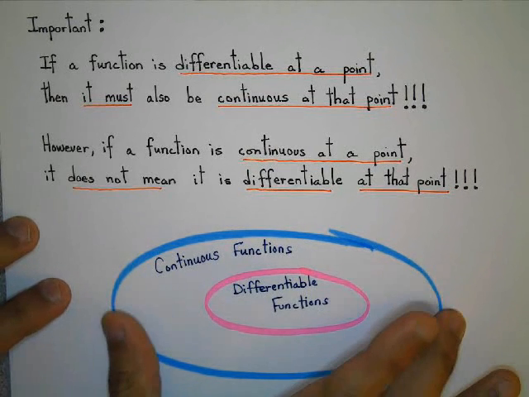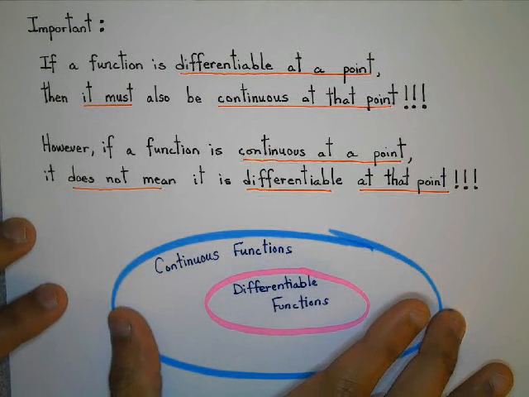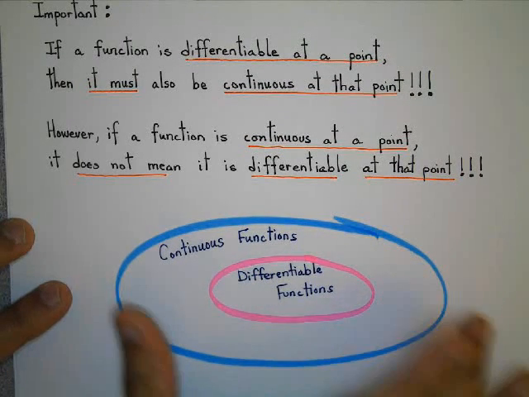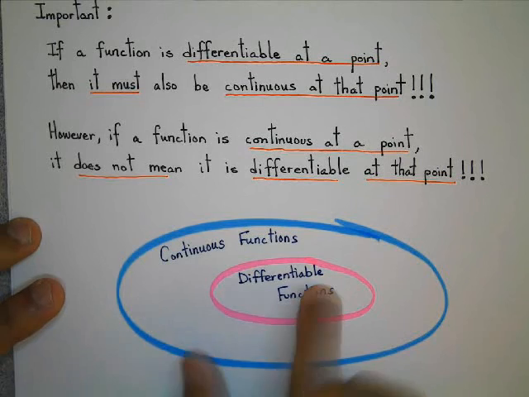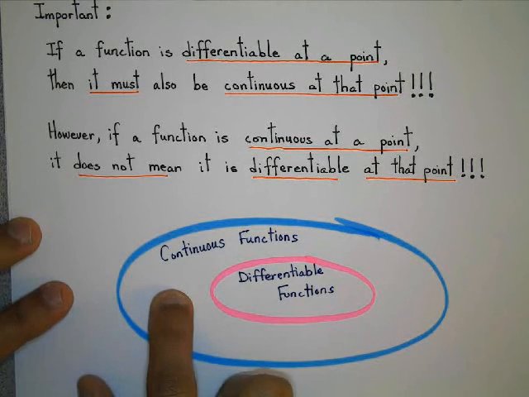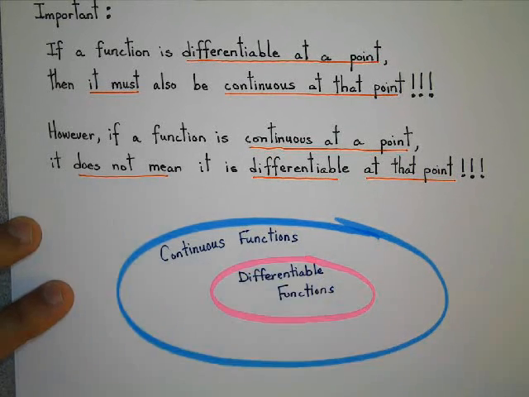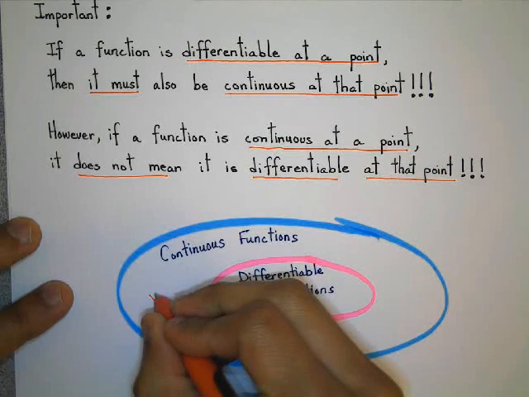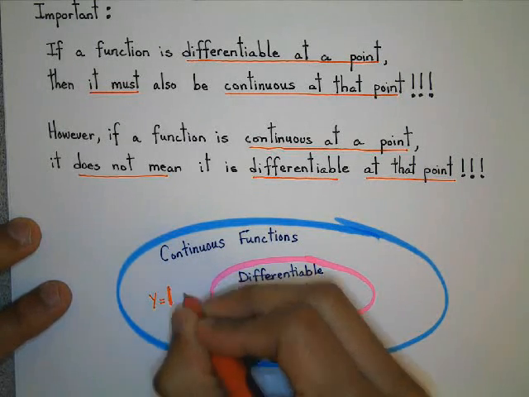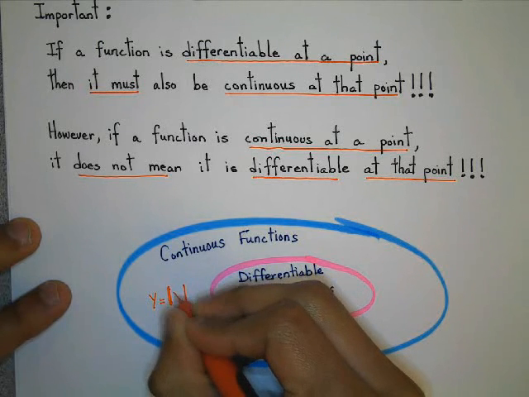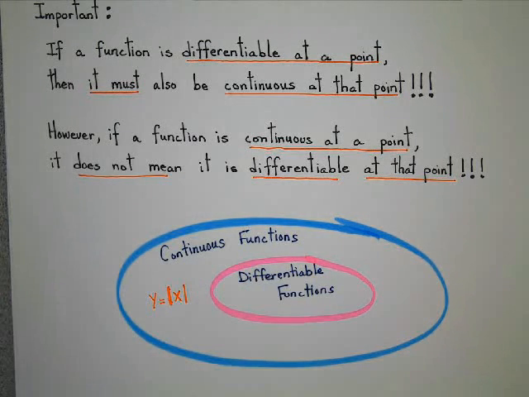But everything that is continuous doesn't necessarily mean that it's in here as well, because we could have a function sitting out here, like for example, y equals the absolute value of x.